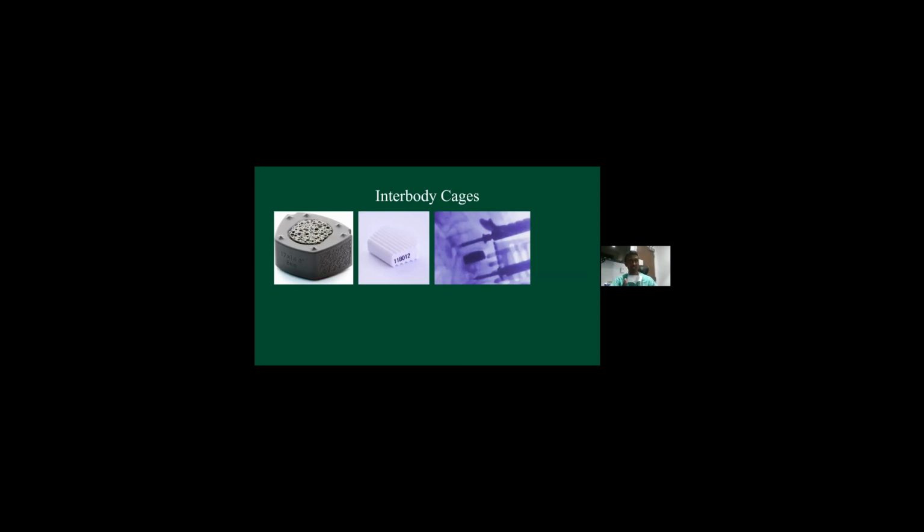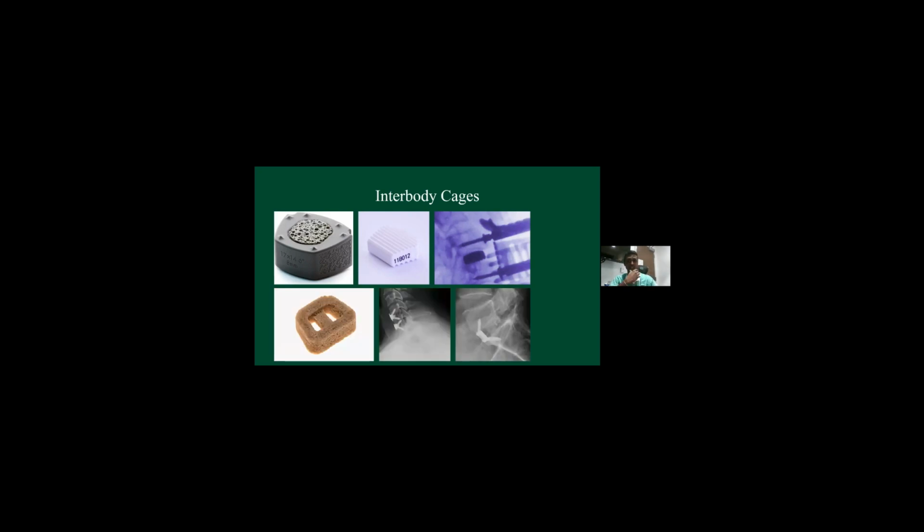These ceramic cages have been shown to have similar rates of fusion compared to PEEK. Bioactive glass is another material that has been explored in the use of interbody cages, and its osteoinductive properties, like I mentioned before, make it an attractive target for promoting fusion. And then finally, polycaprolactone is a biodegradable material that in animal models has shown pretty good integrity.